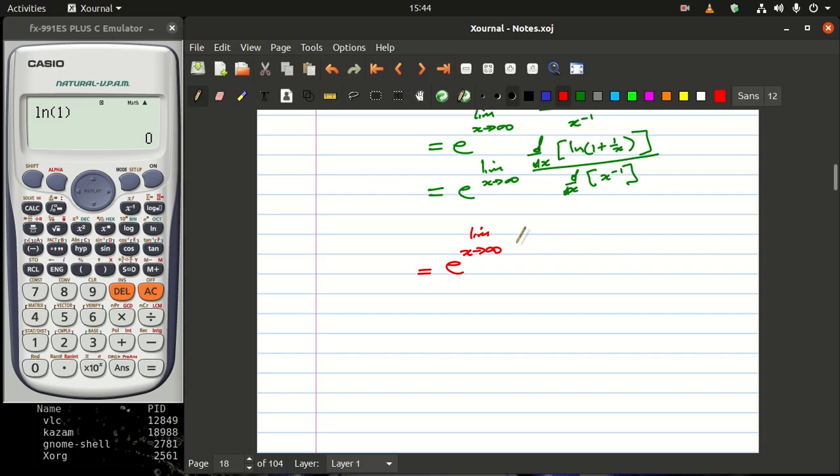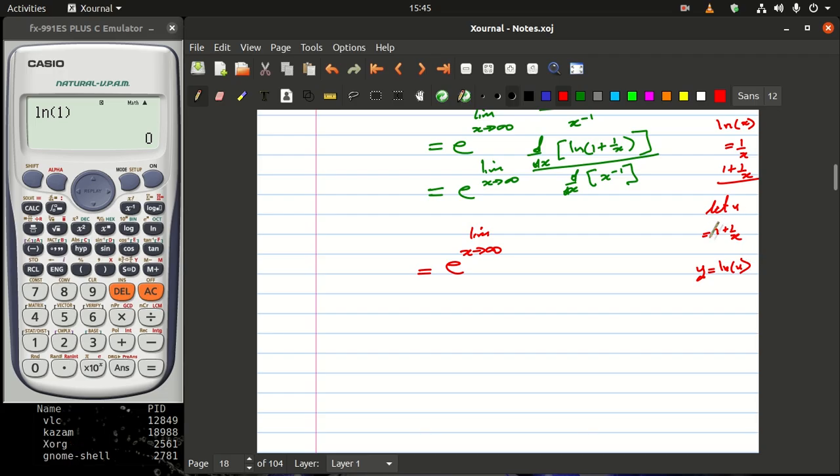The derivative of ln x, I know how to take, because this one is going to be just 1 over x. But instead of having 1 over x, I have 1 plus 1 over x. So what I'm going to do is let u be equal to 1 plus 1 over x, and then I'm going to let y equal ln of u instead.